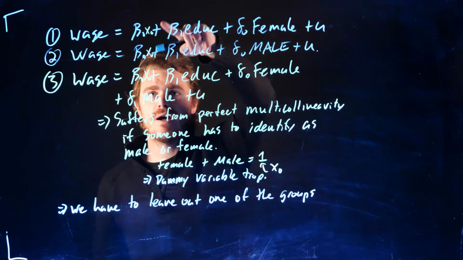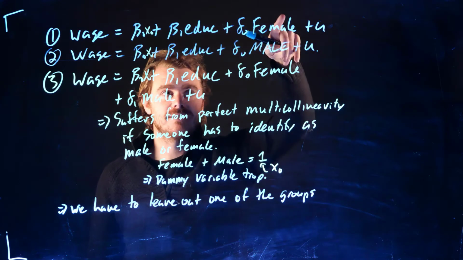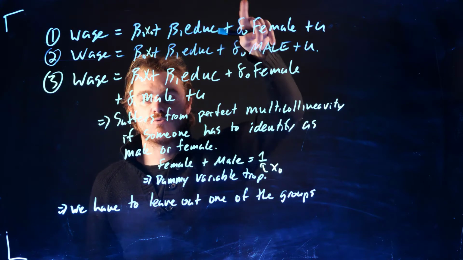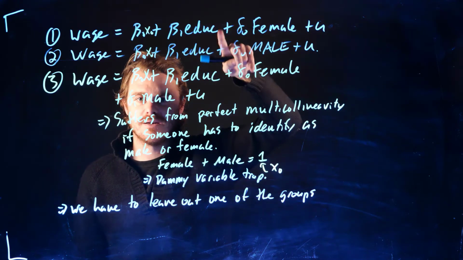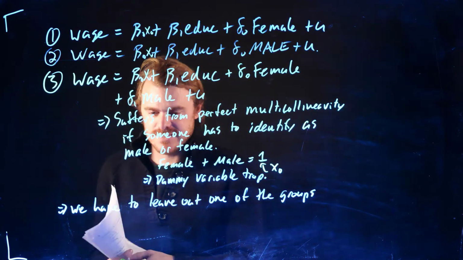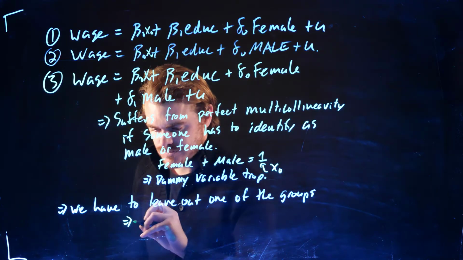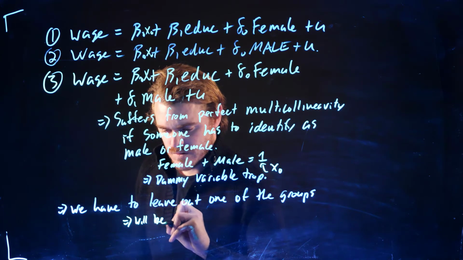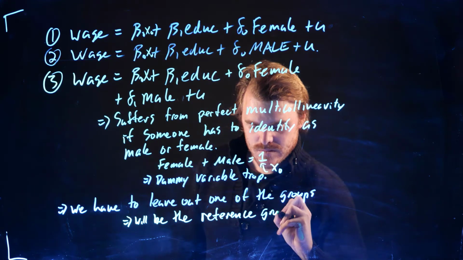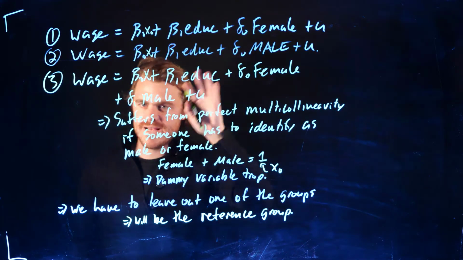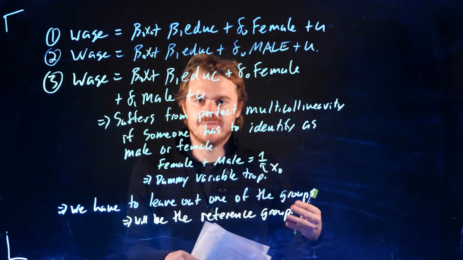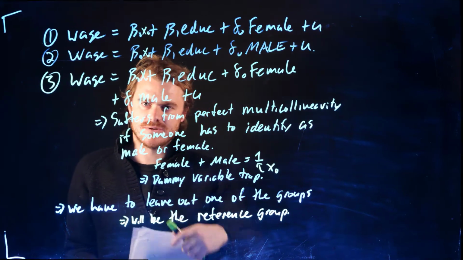That means the reference group is someone who doesn't identify as female, and the interpretation of this delta 0 is going to relate to this reference group. So let's erase this board, write out a regression, and think about how we interpret these variables and how it all relates to the reference group.